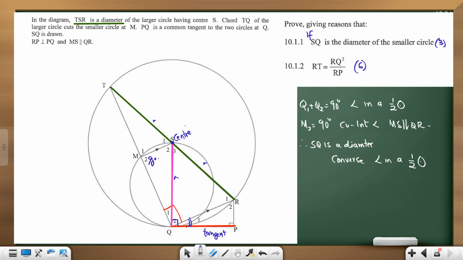RT, let me use the blue one. Where's RT? Let's first look at those lines. RT squared equals to what? RQ squared over RP squared.